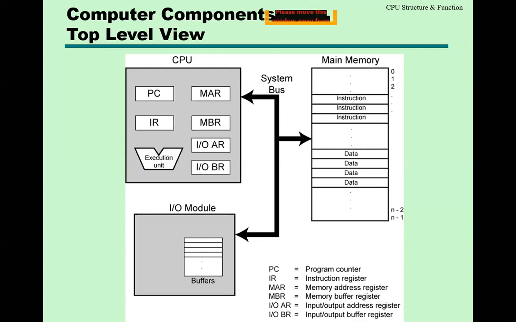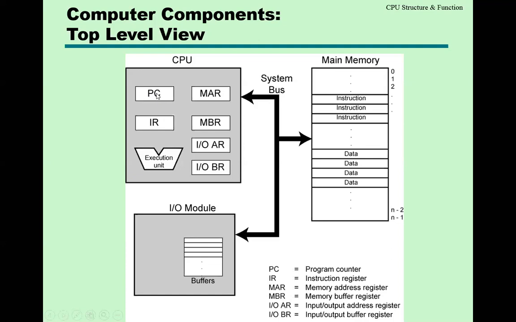Now, why are there these different types of registers? The first is the PC, program counter. At the beginning, when the execution starts, the PC holds the address of the instruction that we want to execute.